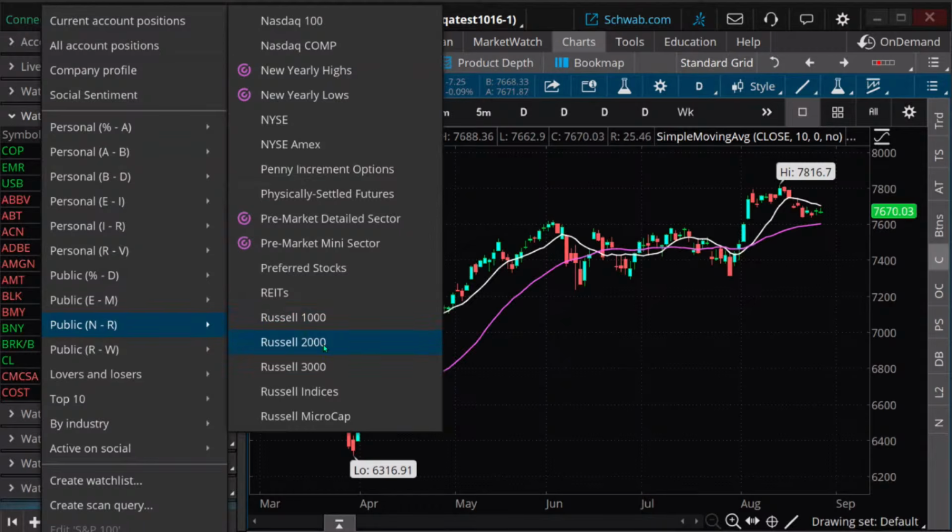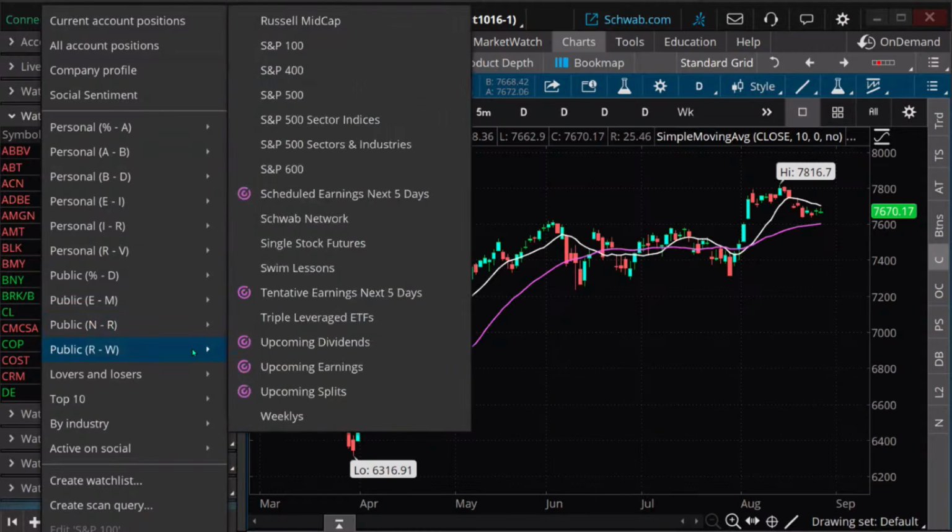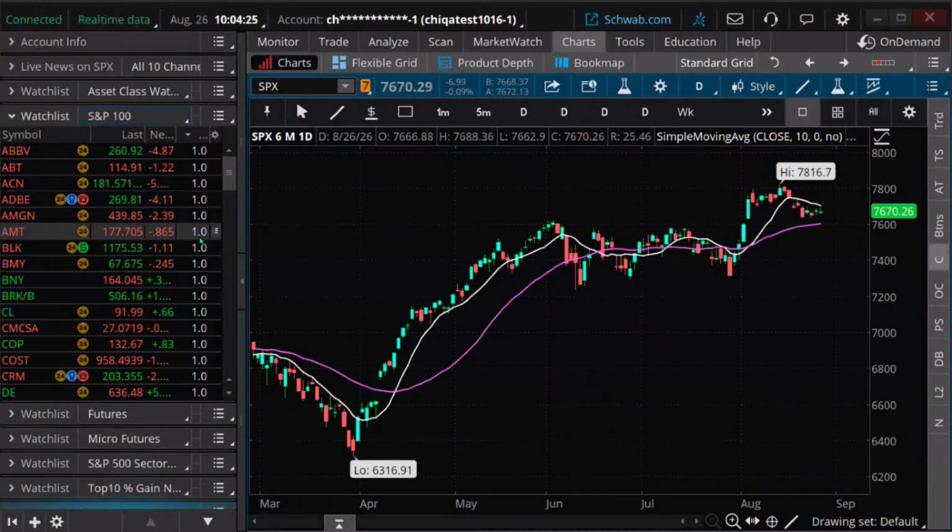They're not the small caps like the Russell 2000, but most of those are not liquid enough for options. Russell 2000, I'd venture to say probably none of those are liquid enough for options, if they even have options. Even the S&P 500. So that's why I mentioned the S&P 100.